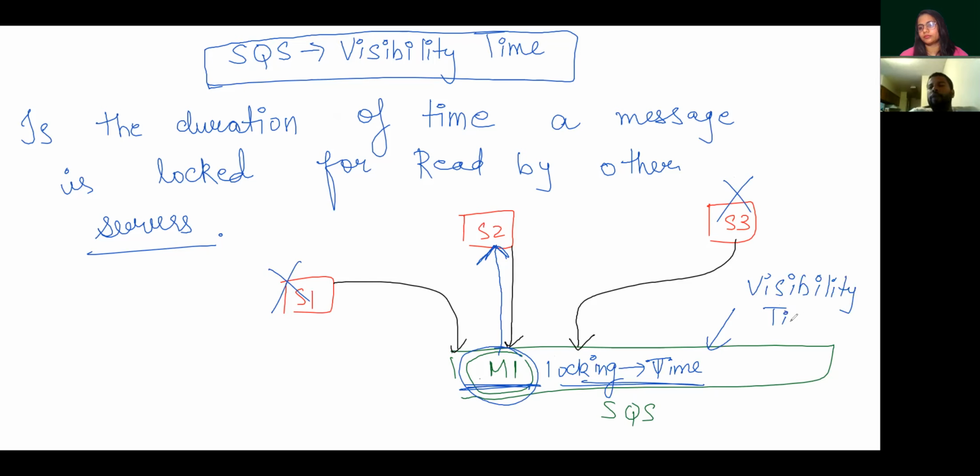That comes when the second server sees the message, but now there is a locking time. So server 3 and server 1 cannot see the message during that locking time, because server 2 has already received it and is processing it. Got it.